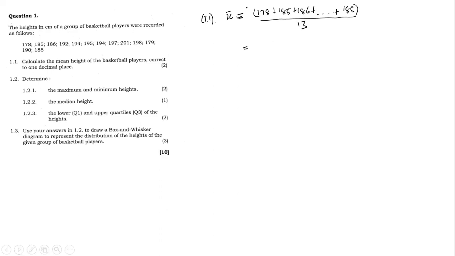And therefore, on our calculator, we say 178 plus 185 plus 186 plus 192 plus 194 plus 195 plus another 194, I think, yes, plus 197 plus 201 plus 198 plus 179 plus 190 plus 185.